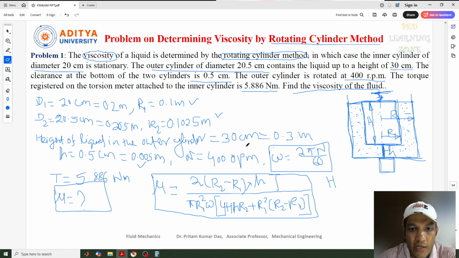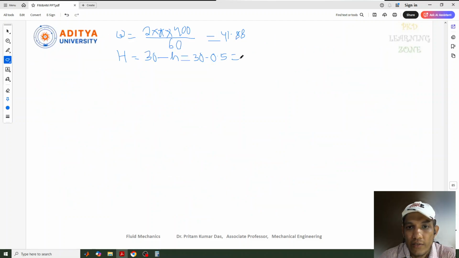I am writing in centimeters, or you can write directly in centimeter or meter. So this is easily 29.5 centimeter. Again we need to convert into meter, that is 0.295 meter.